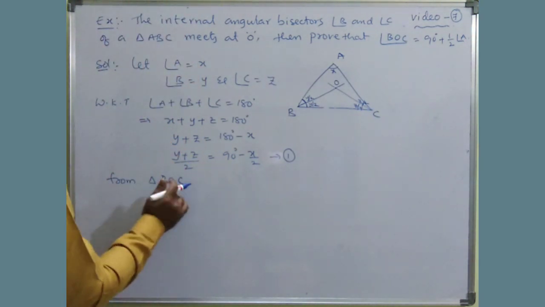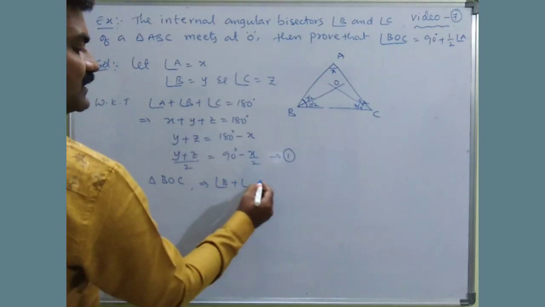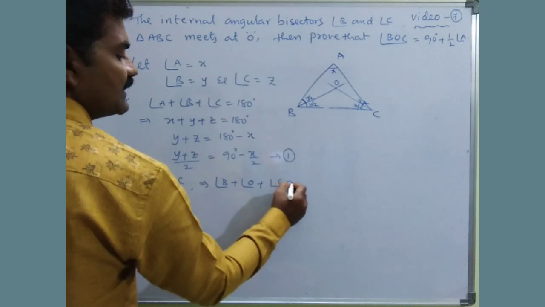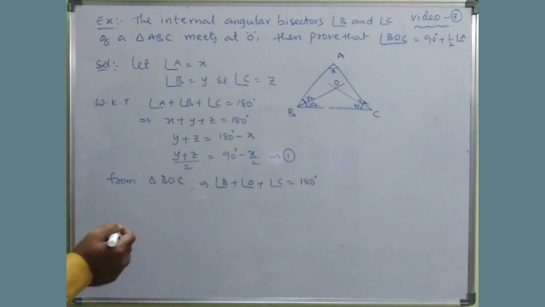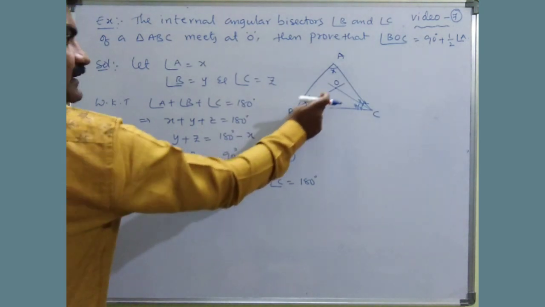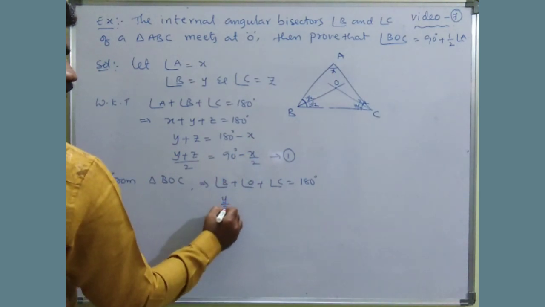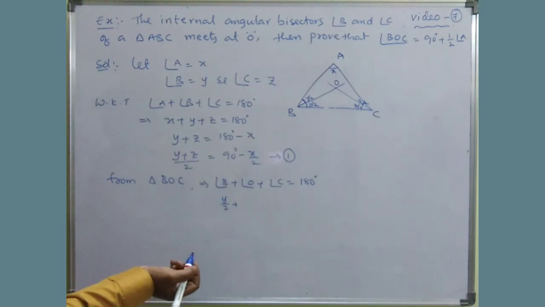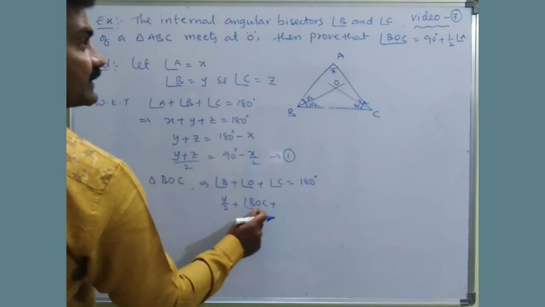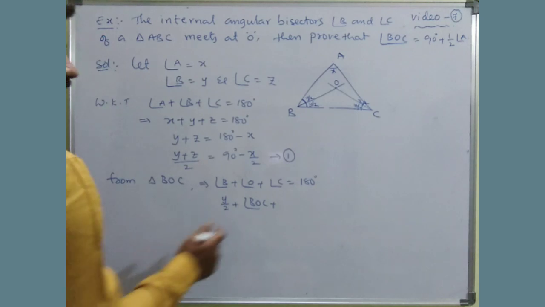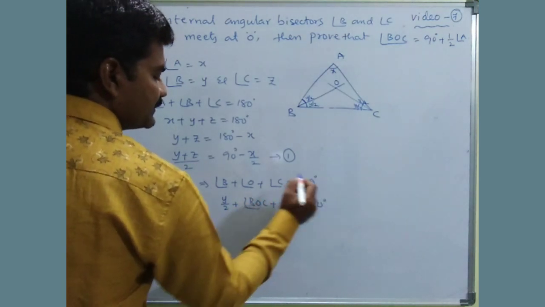So anyhow, this is also a triangle, hence I can say again the sum of the interior angles, angle B plus angle O plus angle C, is equal to 180 degrees. So now in this smaller triangle, angle B means Y by 2. And angle O we can write as angle BOC, because we need to prove it, no? And angle C is Z by 2, which is equal to 180.